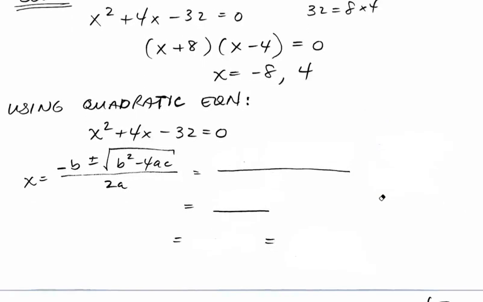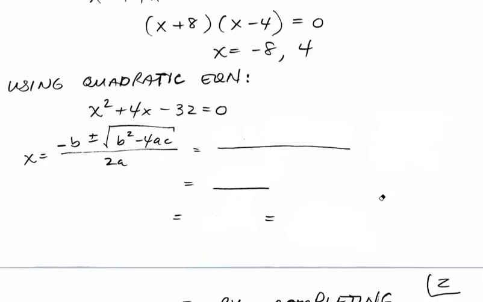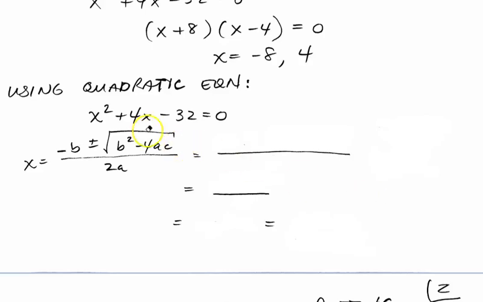So the quadratic equation, there's a nifty derivation in your book on page 50. We'll come back to that, but the quadratic equation comes: minus b, plus or minus the square root of b squared minus 4ac, the whole thing over 2a.